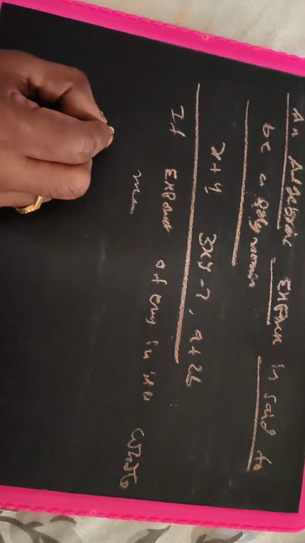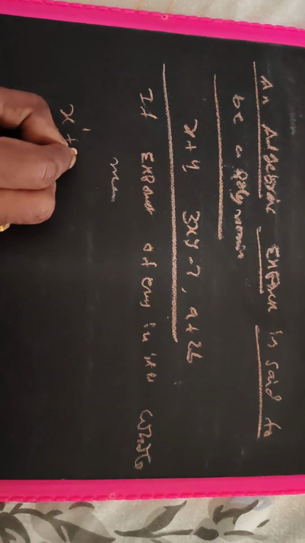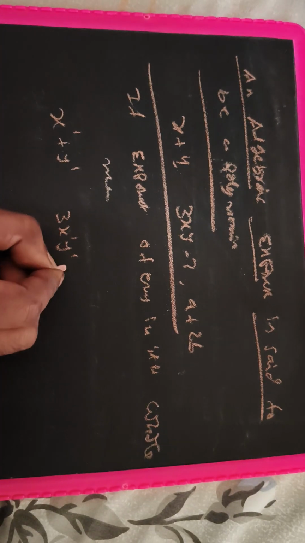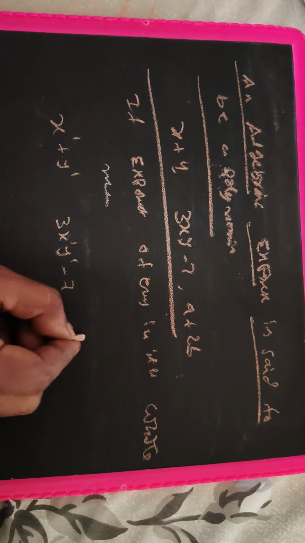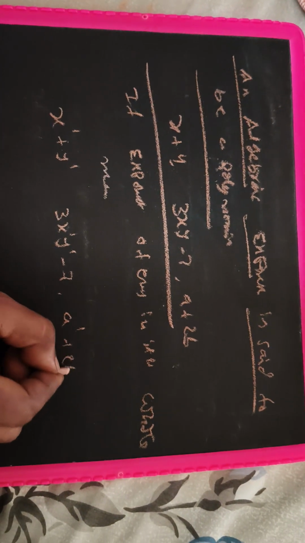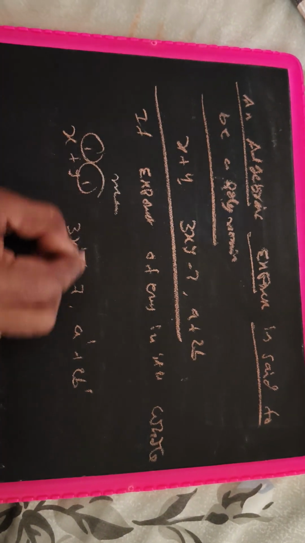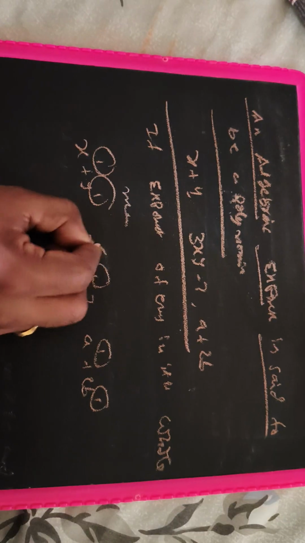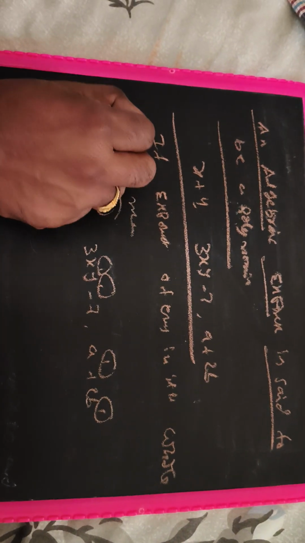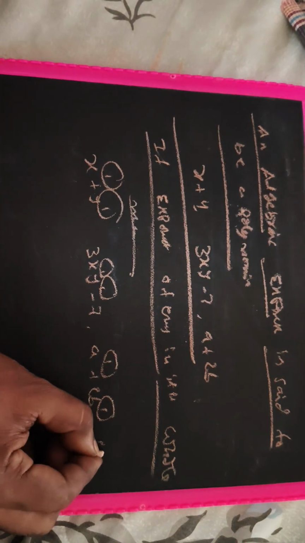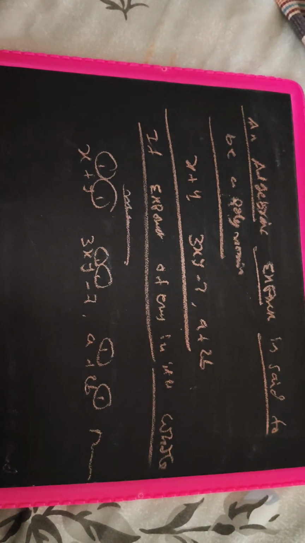Exponent means x to the power of 1 plus y to the power of 1, 3x to the power of 1, y to the power of 1 minus 7a to the power of 1 plus 2b to the power of 1. These are called exponents. So if the exponent of every term is a whole number, it is called a polynomial.